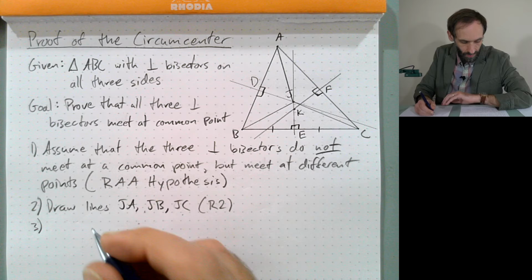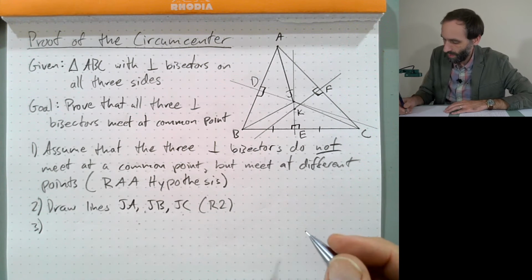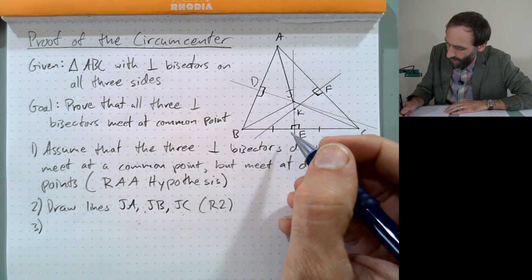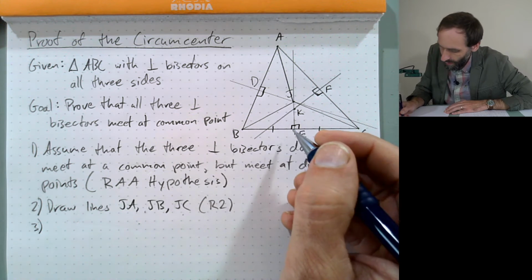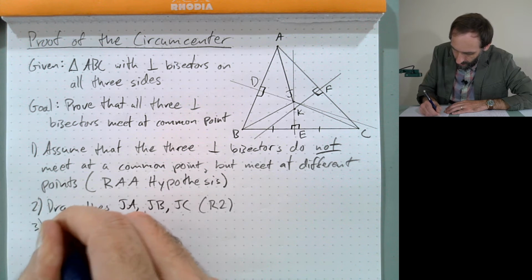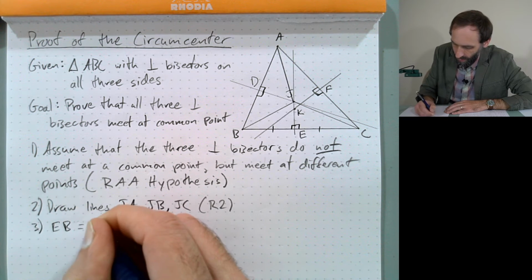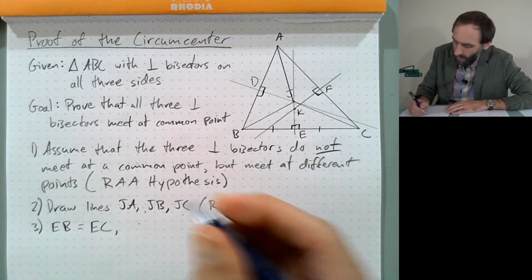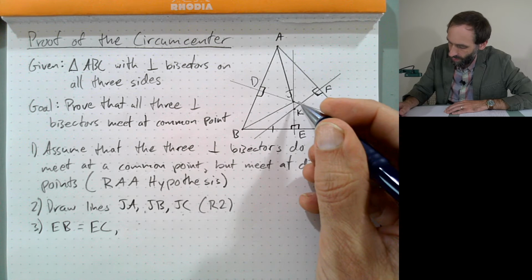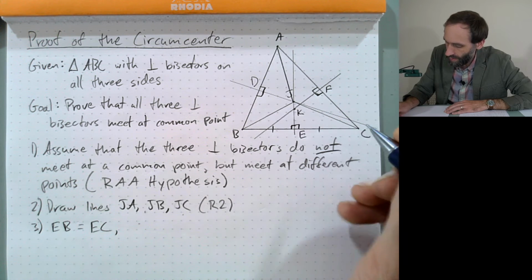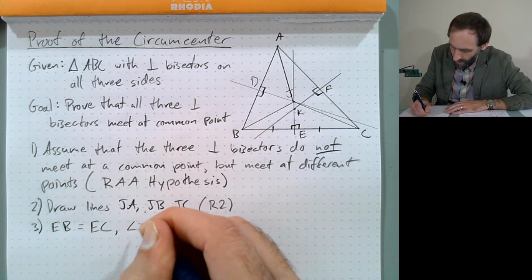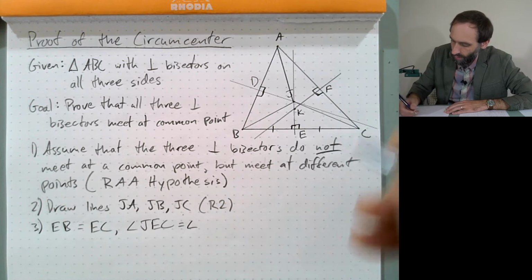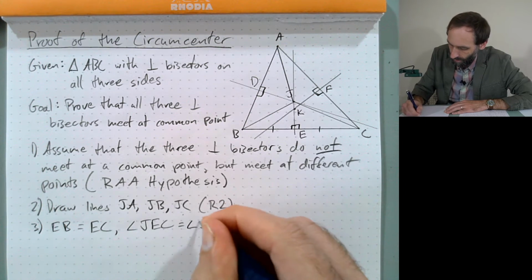So the next step is kind of a compound step, actually. I'm going to state several different things. First of all, EB is equal to EC. Those two are equal to each other. Also, these two angles are equal to each other: angle JEC is equal to angle JEB.